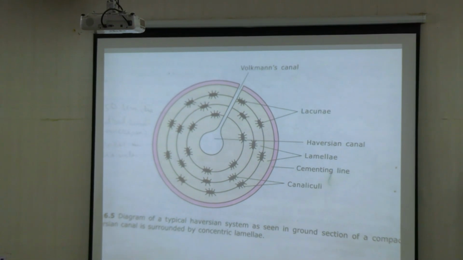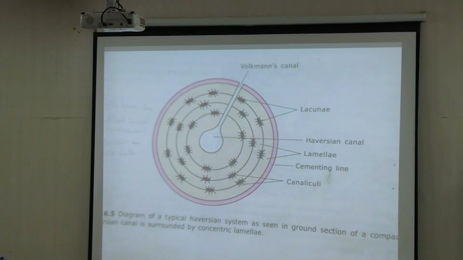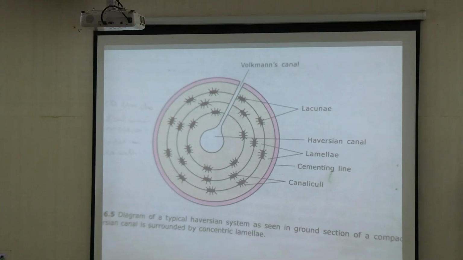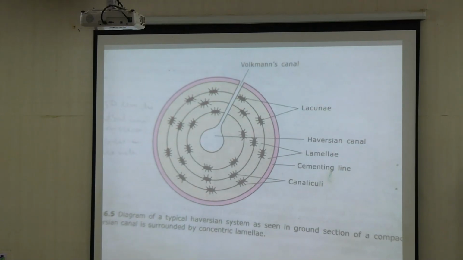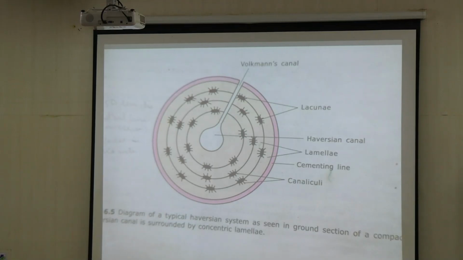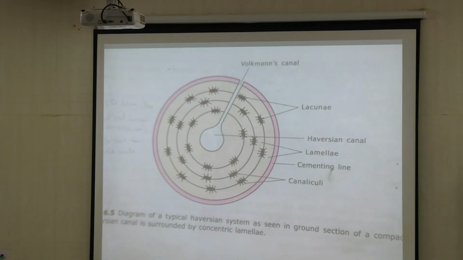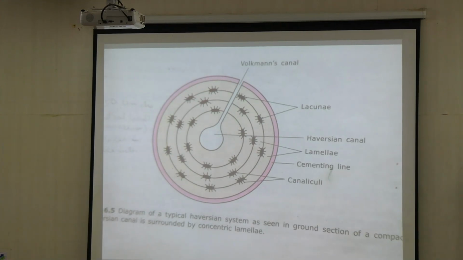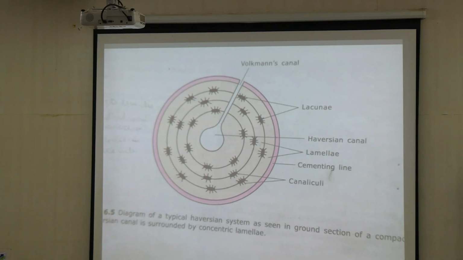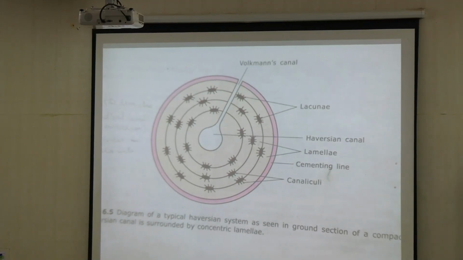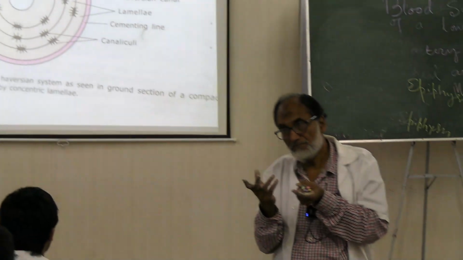Between the two concentric layers there is a space. That space is known as lacunae. Within the lacunae lie some cells: while the osteoblast is forming bone, it may become entrapped. The cell that is entrapped will form the osteocyte.